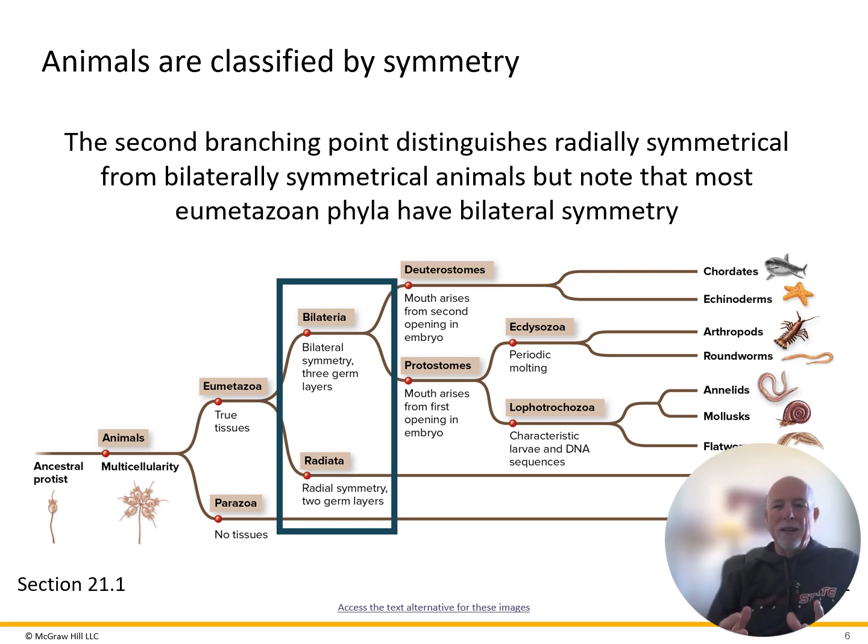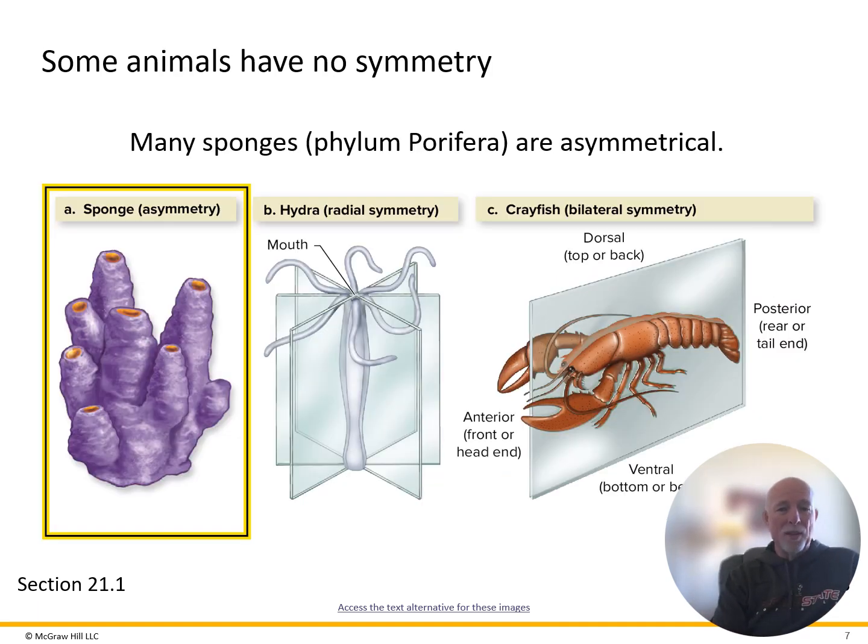Then we have symmetry. Let's see if we can explain what we mean here by symmetry. You and I can only be divided into equal halves by a single mid-sagittal line, so we have what's called bilateral symmetry. Not all animals have bilateral symmetry.